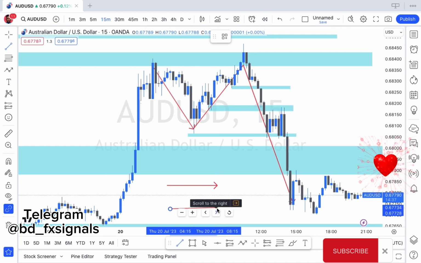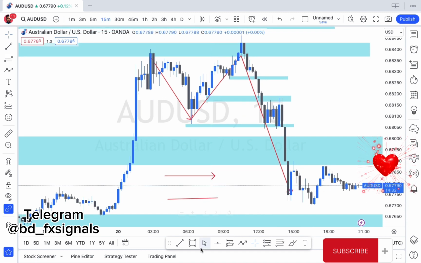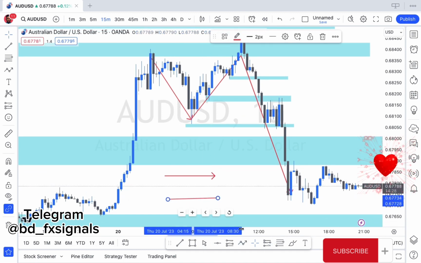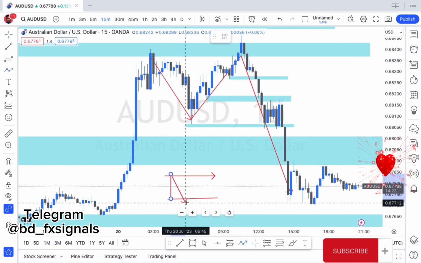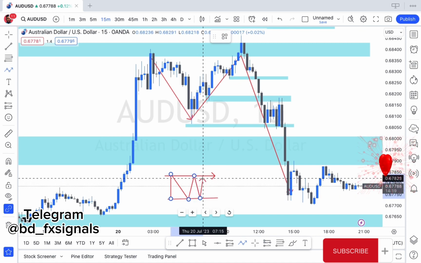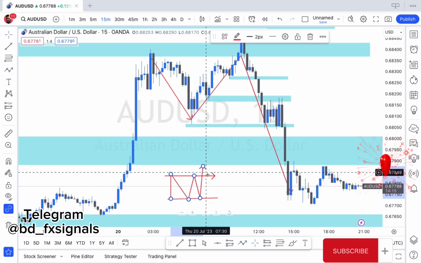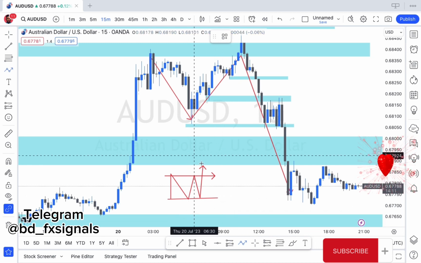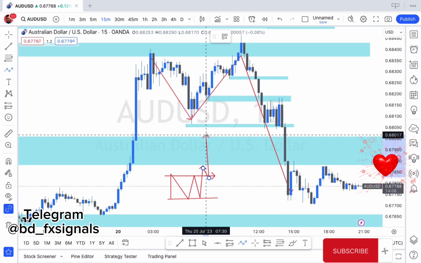Please watch carefully and understand this thing so you don't make mistakes. Now if market is moving inside like this and it happens to break out to a zone, then it will come back to retest that same zone. You understand? Market will always come back to retest that same zone which it broke out from, before entering the formal confirmation.